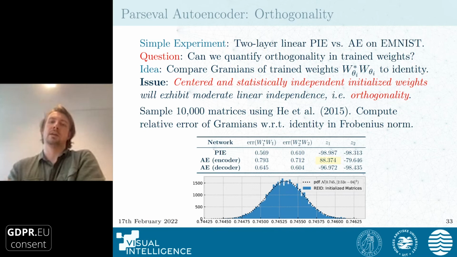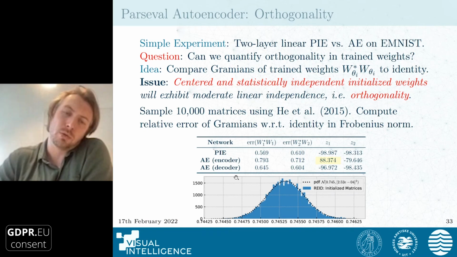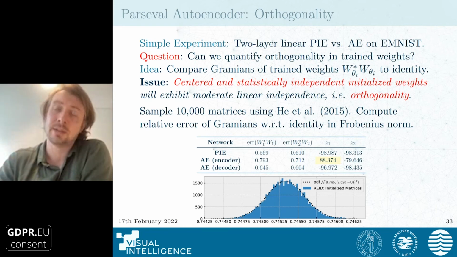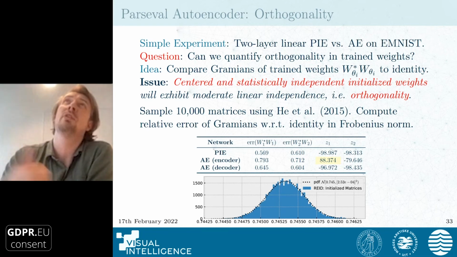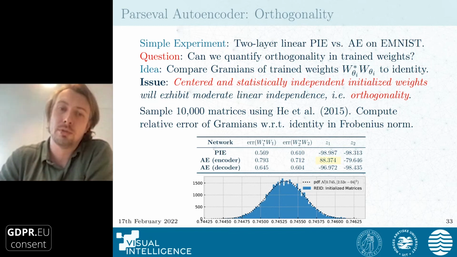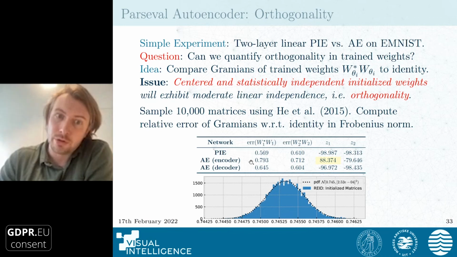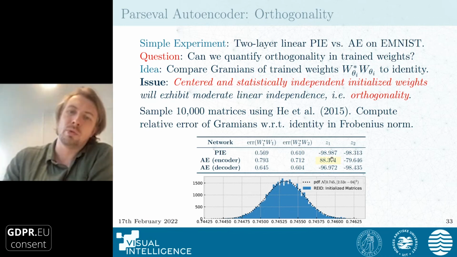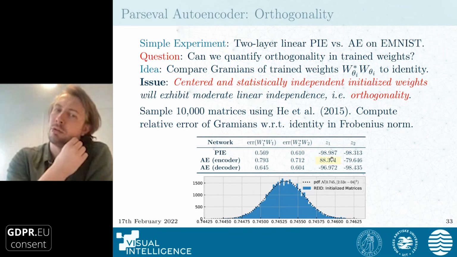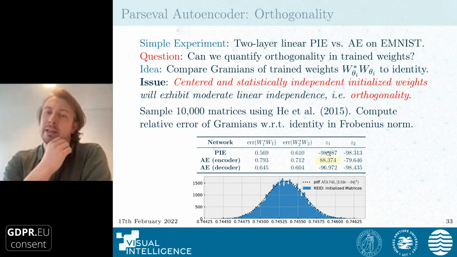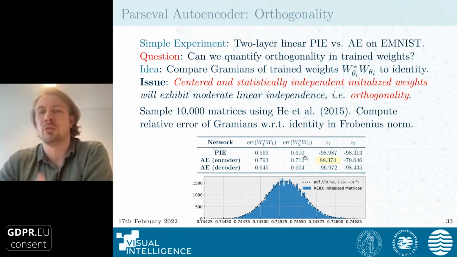And we saw that an interesting thing we noticed was that the weights of the decoder actually became more orthogonal in an autoencoder. However, in the encoder of an autoencoder, one of the weights moves away from being orthogonal quite significantly, and the weights of the pseudo-invertible encoder basically move towards being orthogonal for both weights.